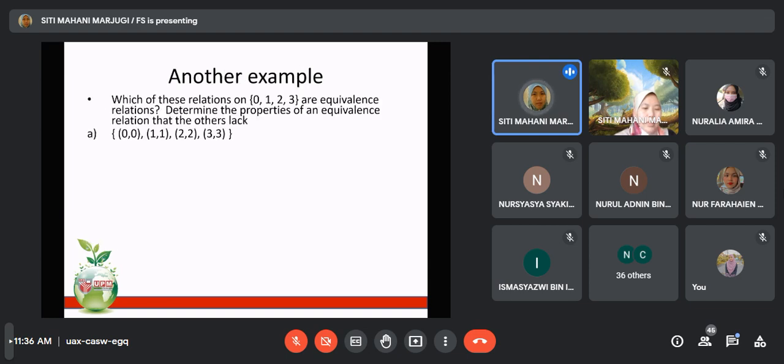Kita tengok another example here. Okay, before we break, before we finish it. We have 0, 1, 2, 3 equivalence relation. Okay. Let's try 0, 0, 1, 1, 2, 2 and 3, 3. Has all the properties. Adakah ini equivalence relation? Is this an equivalence relation or not?